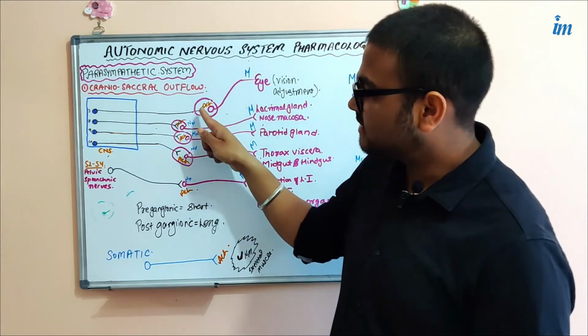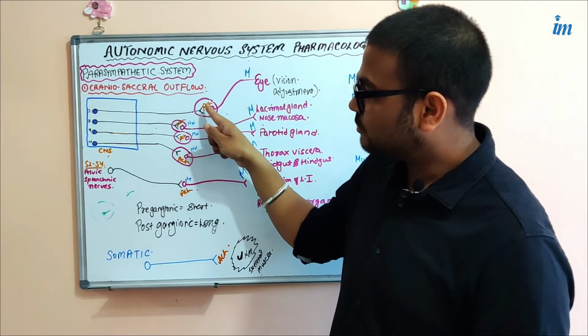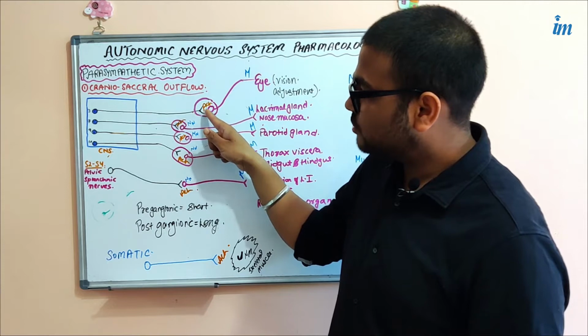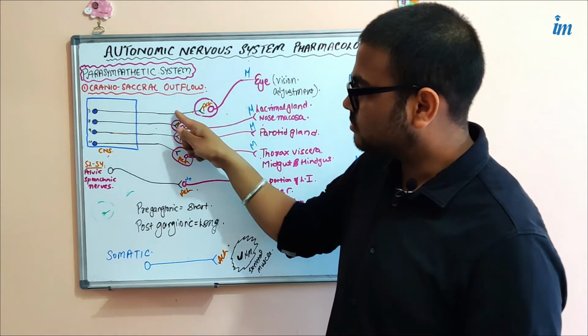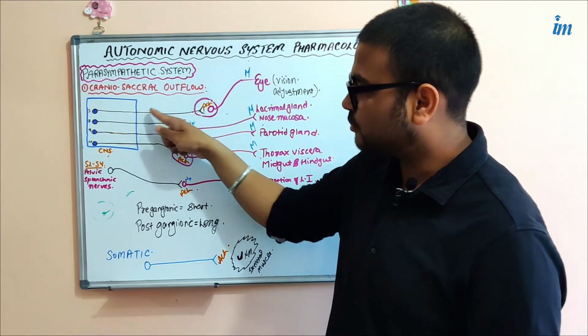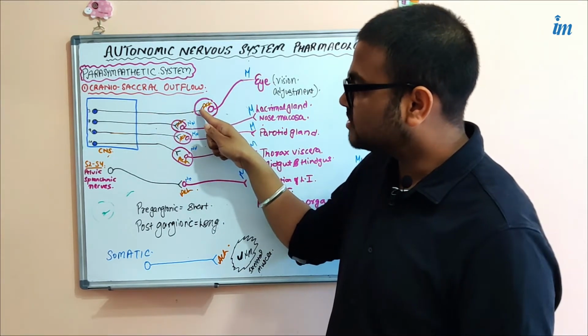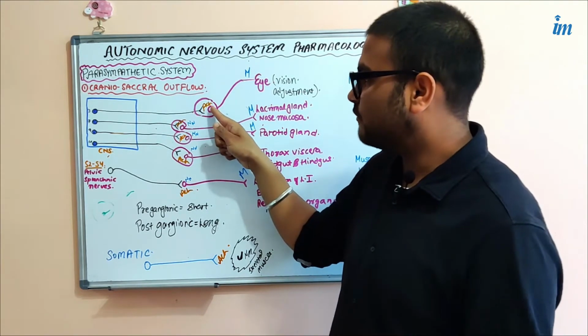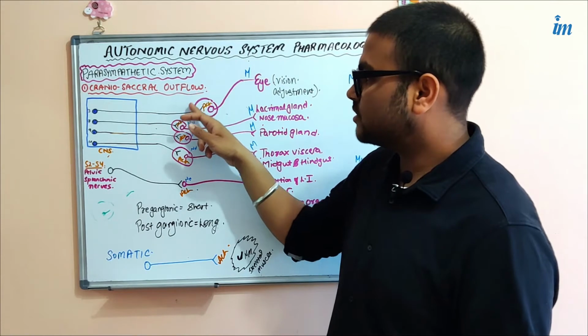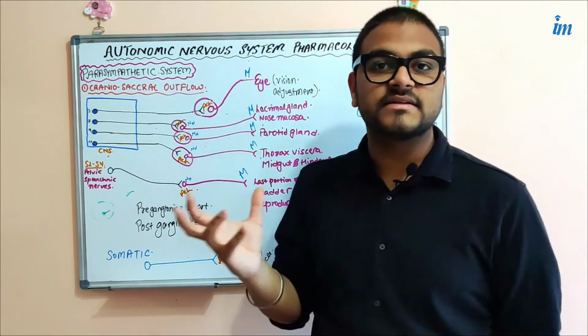Synapse means that this neuron is going to form synapse with this neuron. Okay, so this is the last part of the preganglionic neuron, and it is going to release neurotransmitter on the head of this neuron. So this structure that is called as the ganglion.